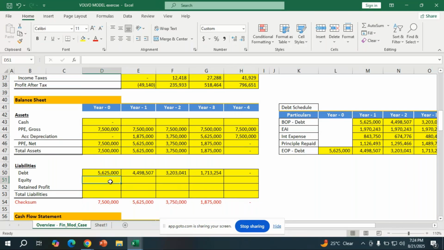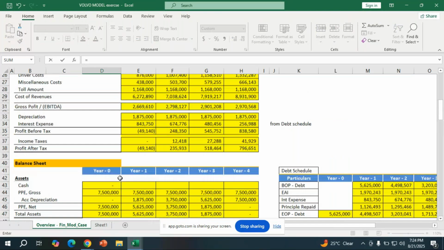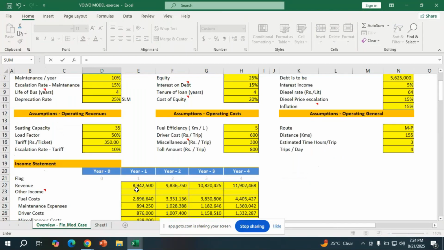Now coming to your equity, it is constant throughout the years, it will not change for us. So you can freeze the equity cell, equals to your equity calculation. So your equity we have done. Above we have the equity parts here.